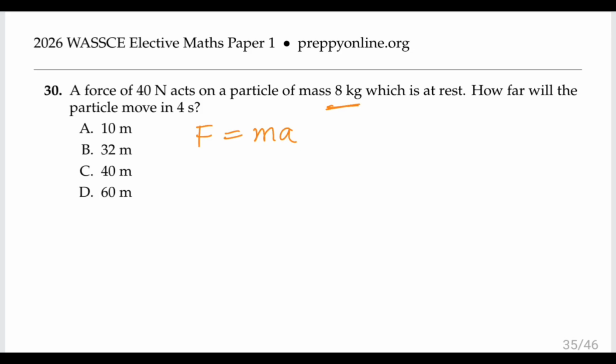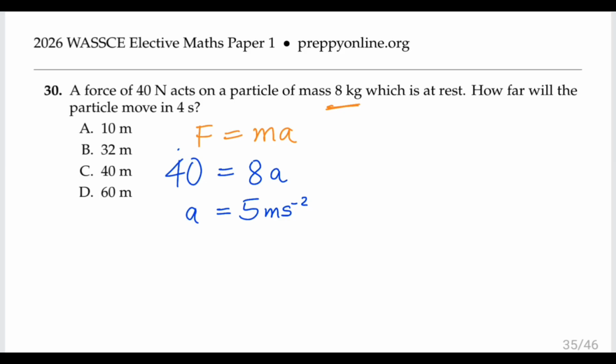F is the force. We are given the force as 40 Newton. We are given the mass as 8 kg. But we are not given the acceleration. So that's what we're supposed to find. We divide both sides by 8. So the acceleration is 5 meters per second squared.